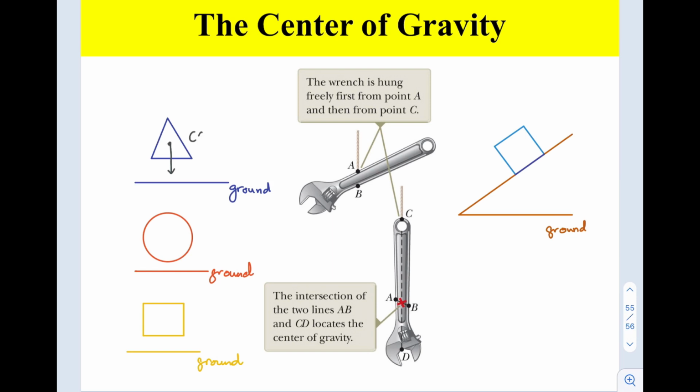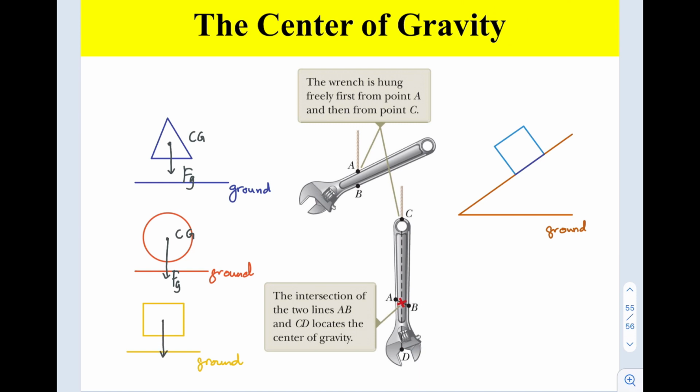So this point is the center of gravity for this object. And how about this one? With respect to the ground, we always visualize the weight, the force due to gravity, at this position. So the center here will be the center of gravity.